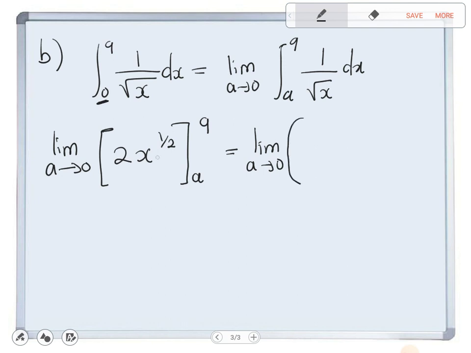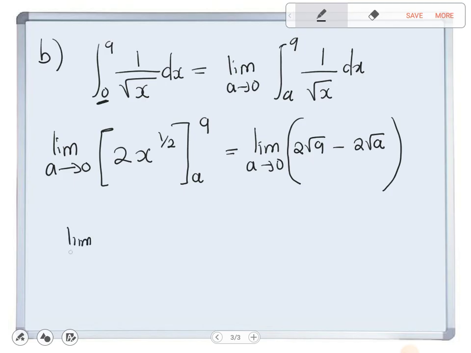The first part, we substitute 9 there. In short, we are just having 2 times the square root of 9 minus 2 times the square root of a, since x to the power half is the same as the square root.